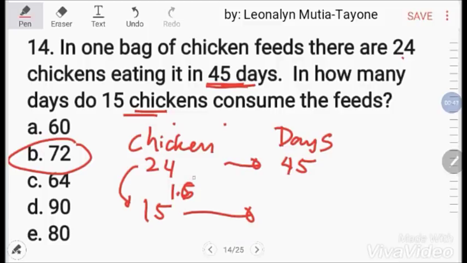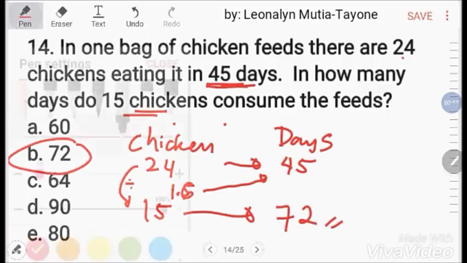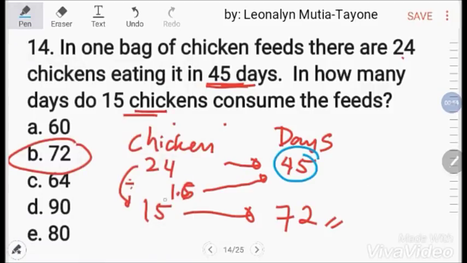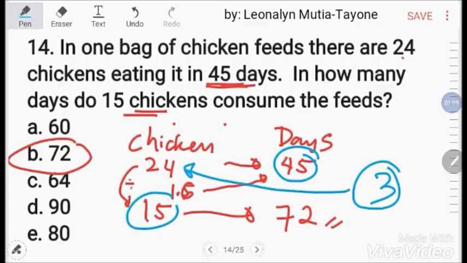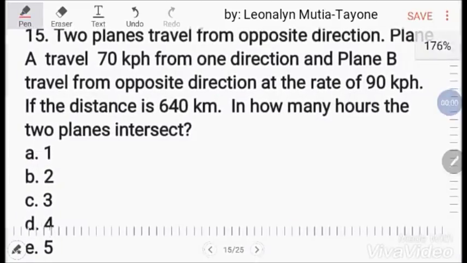So, kung 1.6 kung i-divide mo ito, yung 1.6, yan yung i-multiply mo sa 45. So, 1.6 times 45, ang answer ay 72. Para mas madali, itong 45 naman ay perfect naman siyang i-divide, which is 3. Itong 3 mo ay i-multiply mo sa 24 and the answer is 72. Pareho lang din.